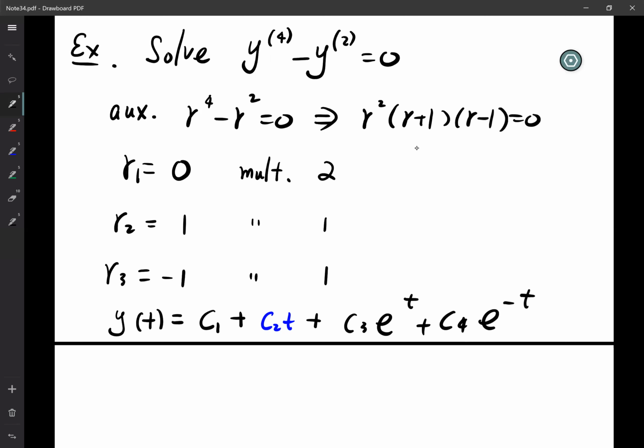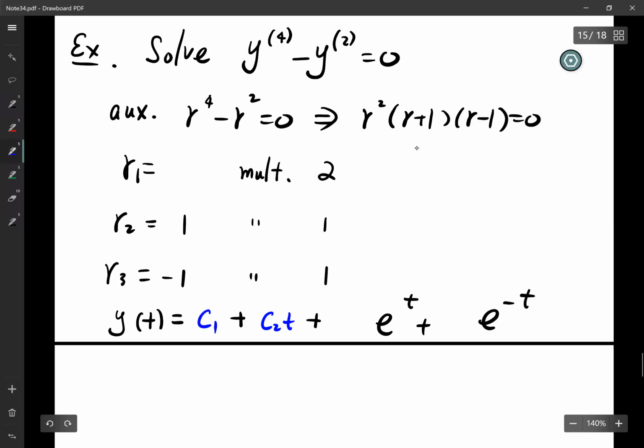Can you briefly say which C corresponds to which root again, when you write out all 4 terms? Sure. So C1, C2 corresponds to this one. Let me change the color to make it clearer. So I have a C1.